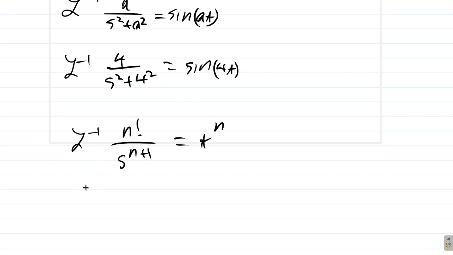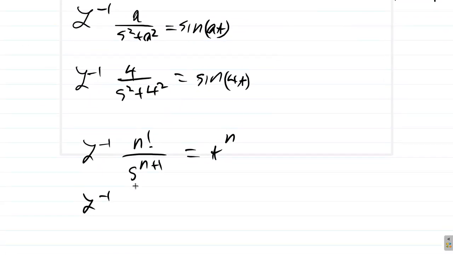Now what you want to do is find the inverse Laplace of 2 over s squared. This is the same as the inverse Laplace of 2 factorial over s to the, in this case it's s squared, and if you put it as n plus 1, n would be 1, so it's 1 plus 1.